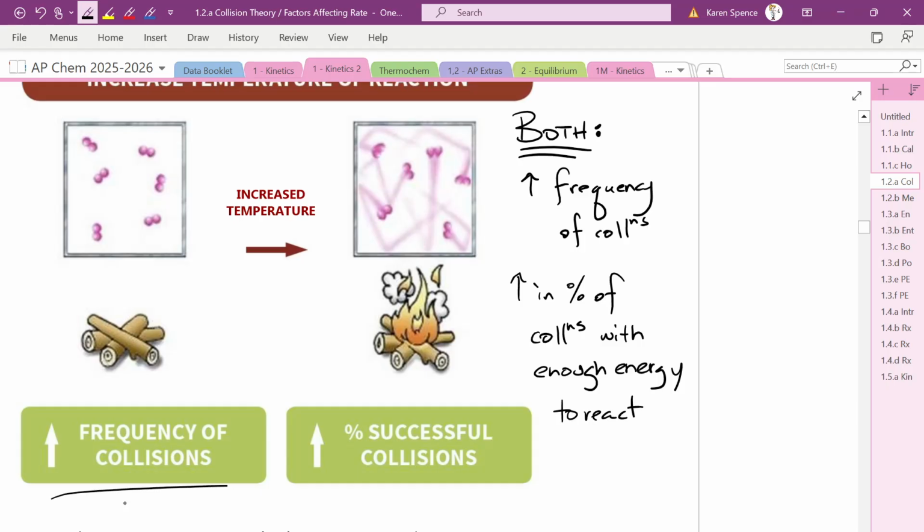So, increase in frequency of collisions, increase in percent of collisions which are successful.